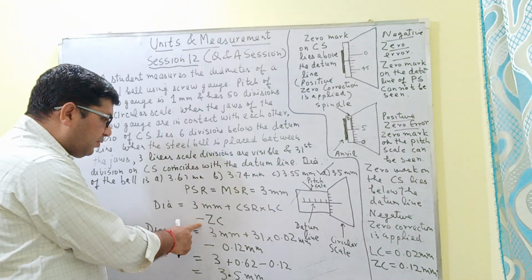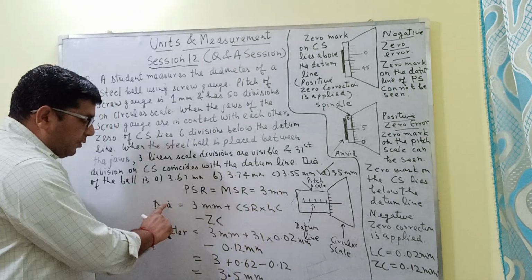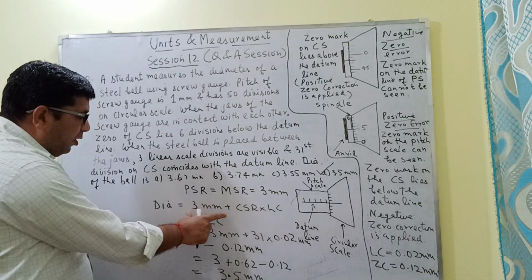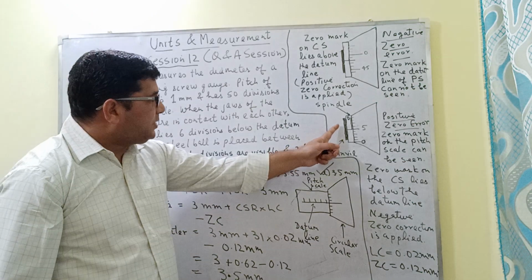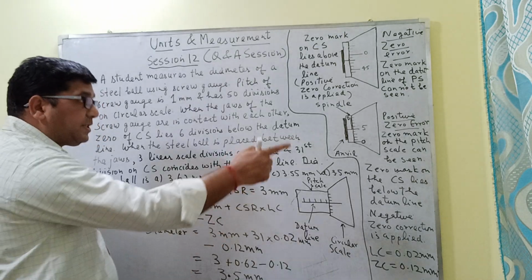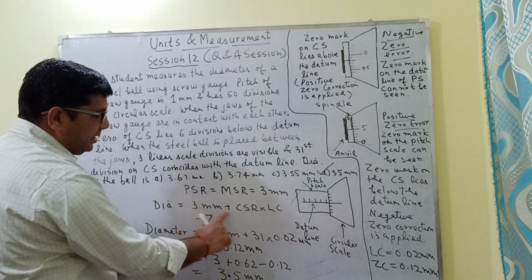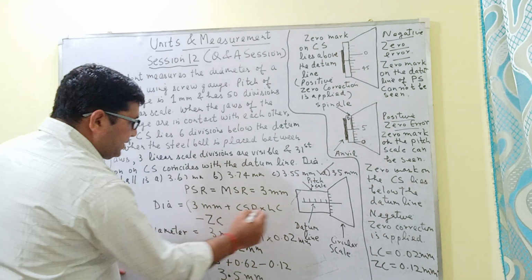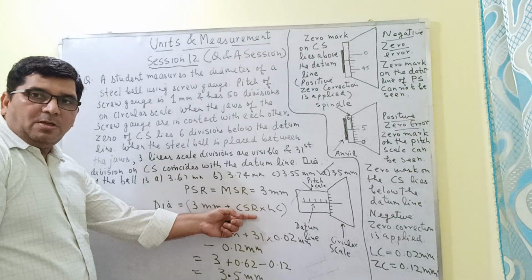So we applied the negative zero correction, which means this is the value that needs to be deducted from the value measured with that instrument. The measured diameter is equal to the main scale reading plus the coinciding circular scale reading into the least count.